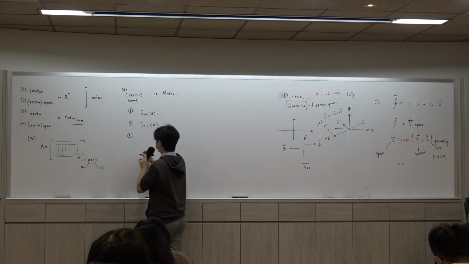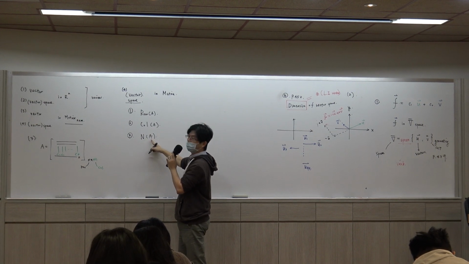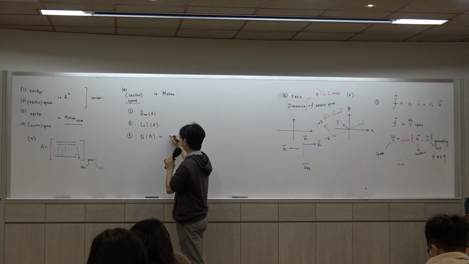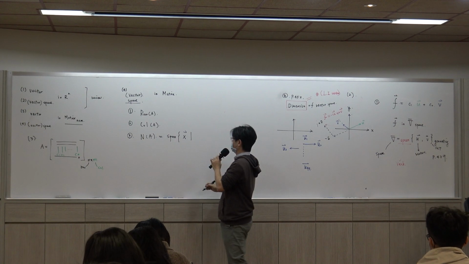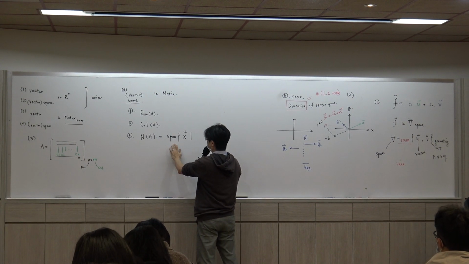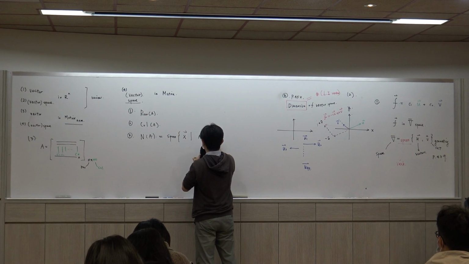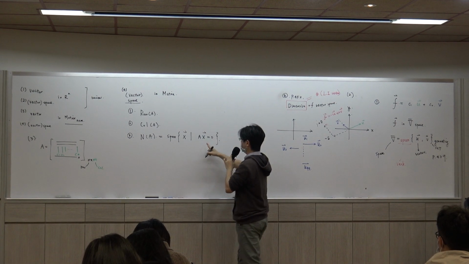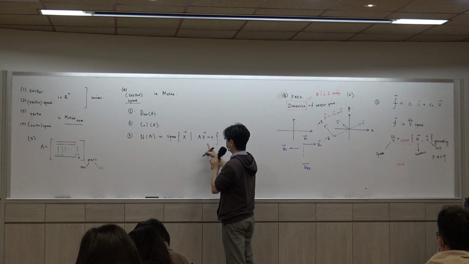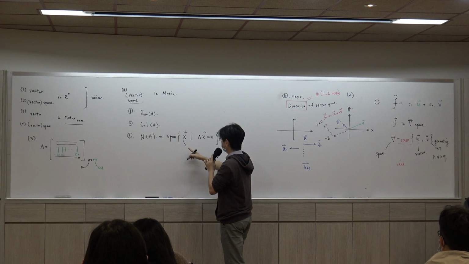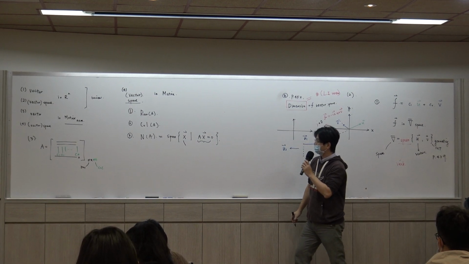Okay. The third space is called the null space of the matrix A. It is spanned with x, and what is x? It is a solution of the formula AS equals 0. So S is a non-zero solution for the equation. Okay.